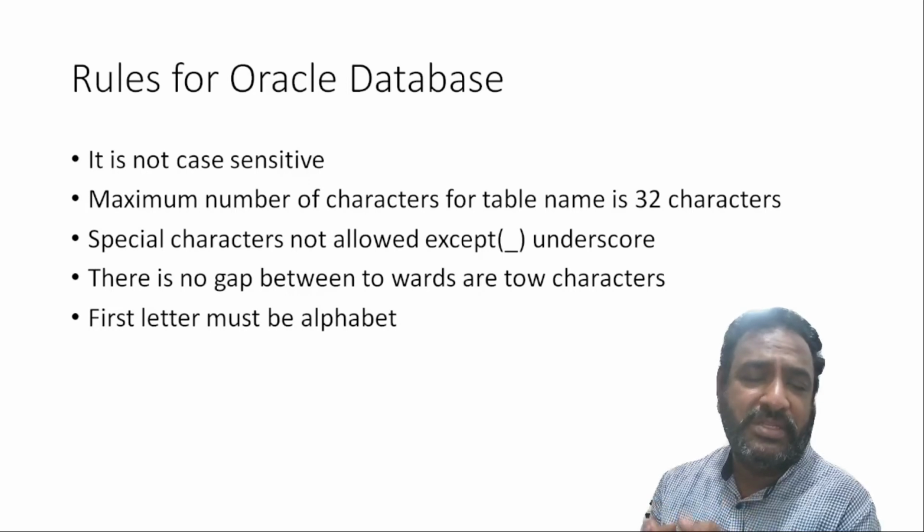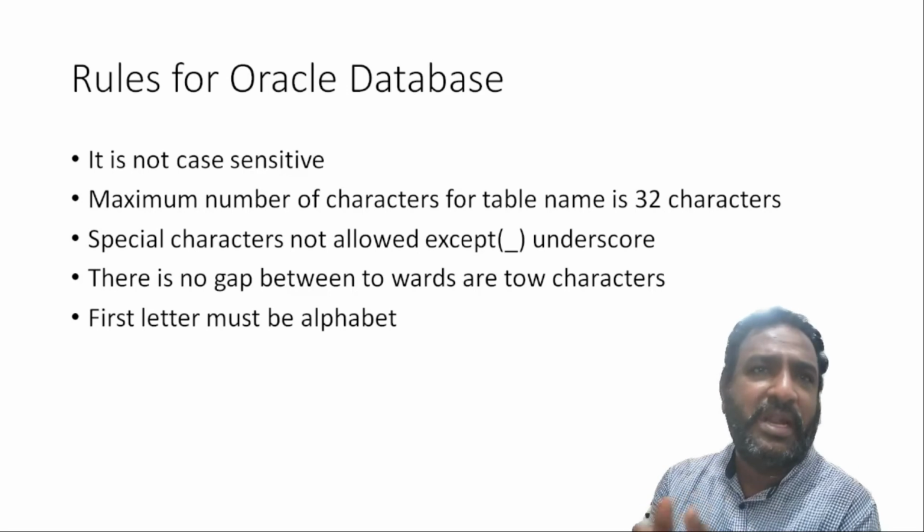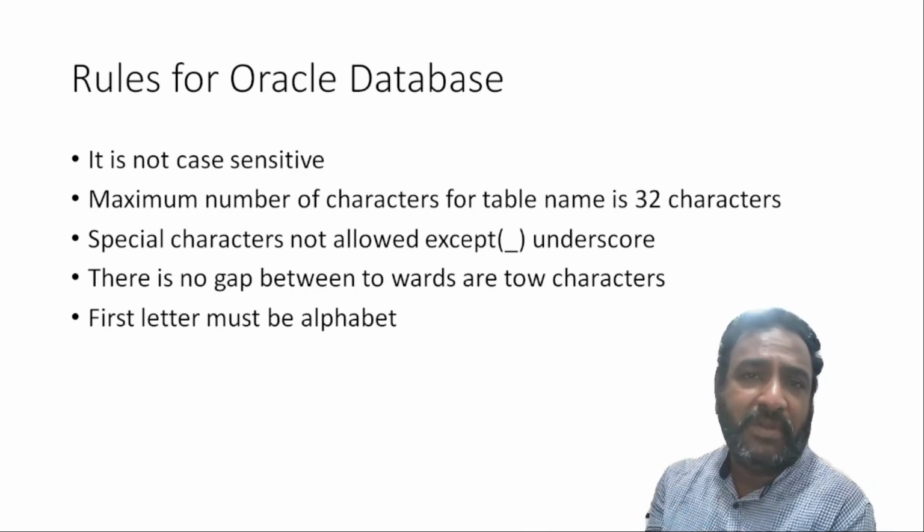Once you are able to understand these Oracle rules and regulations, to maintain the data, we need certain data types. So data types are compulsory. They are used either in languages or in a database because they have to store a particular type of information.